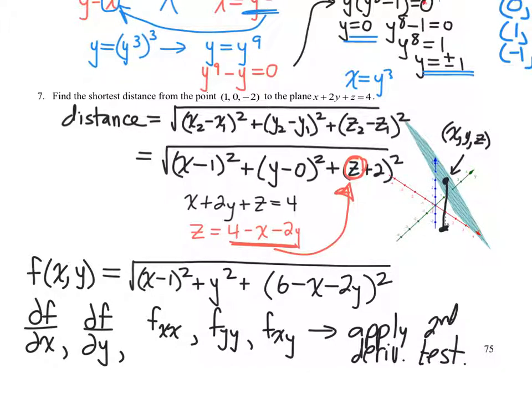And once you do that, you'll come up with an ordered pair. You might come up with more than one critical value. That's the thing to keep in mind.